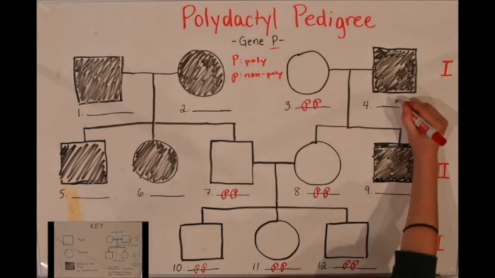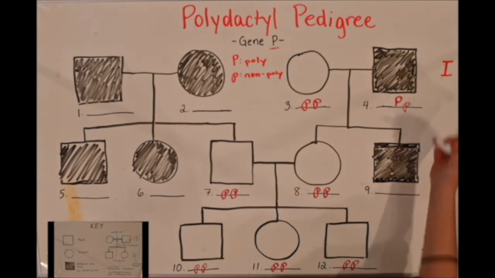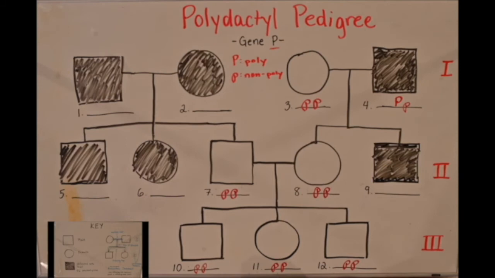We can also see that cat number 4 is filled in, which means that it's exhibiting the polydactyl trait. Since the polydactyl trait is only exhibited when the dominant allele is present, we know that the other allele of cat number 4 must be a dominant one. Therefore, cat number 4's genotype is heterozygous.